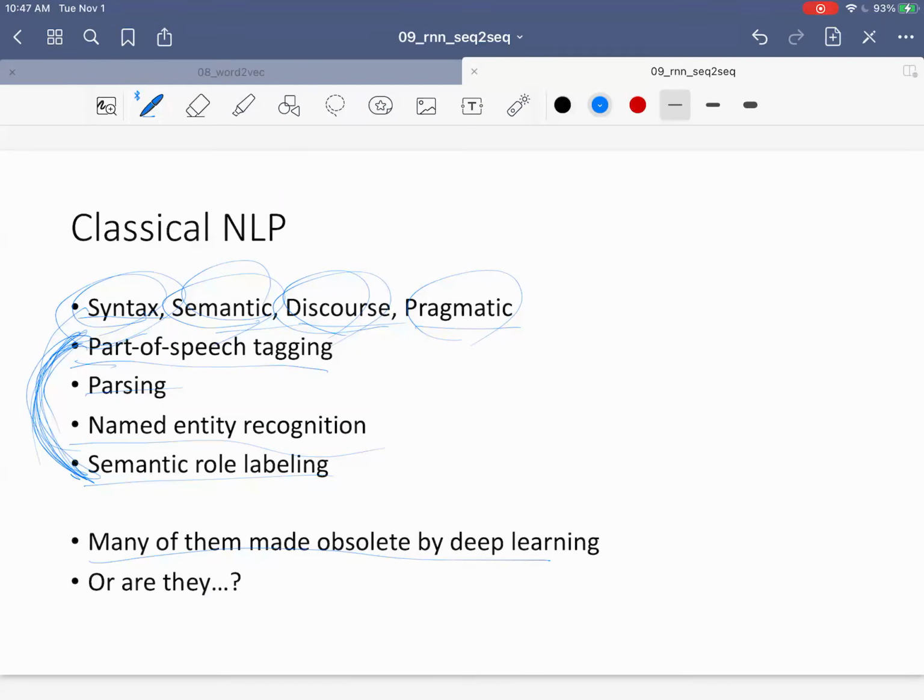But these days, what we do is we simply put the human language into an RNN or transformer, a gigantic model, and let it figure it out. We don't do any of these. We just dump a bunch of text without doing any of this analysis, and let it figure it out with transformers or whatever, and then generate with a sequence to sequence architecture, and there you have your chatbot, which performs way better than pre-deep learning era chatbots.